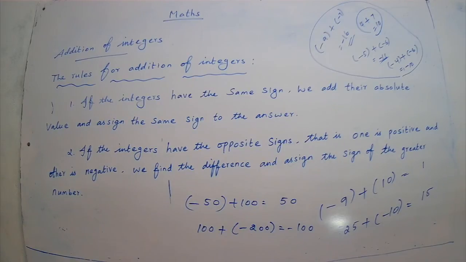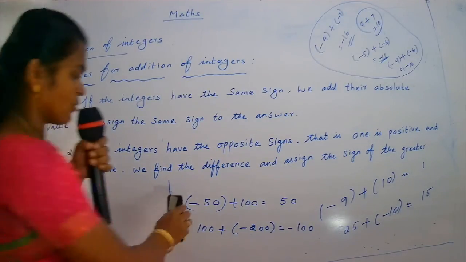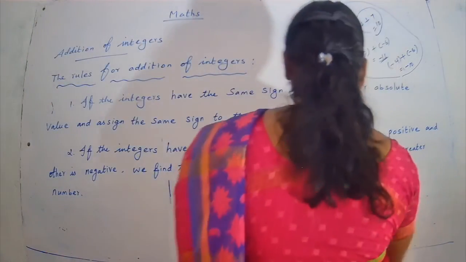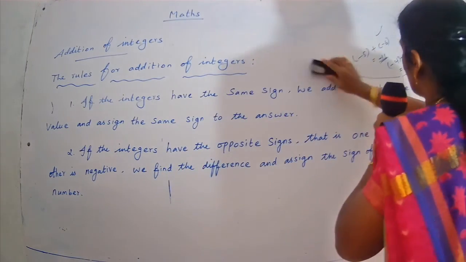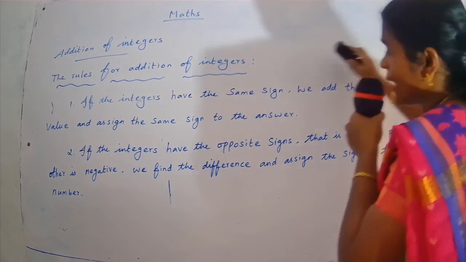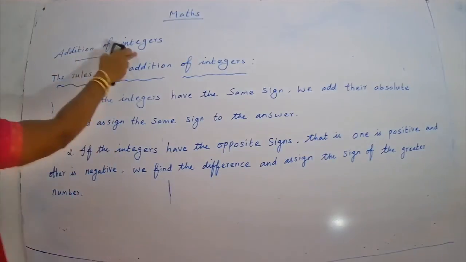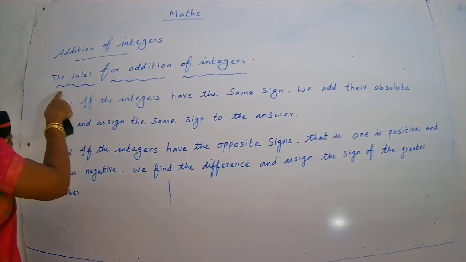Now all of you are coming to the sums, the problems. Okay, that first one. So now all of you take your classwork note. Continue the classwork. Okay, so addition of integers. You write it.